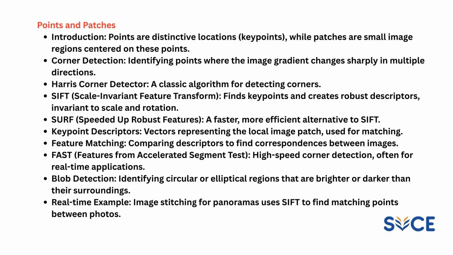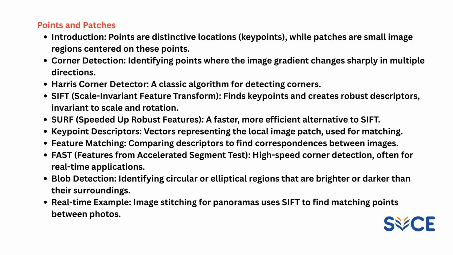The goal is to find points that are stable, meaning they look the same even if the image is rotated, scaled, or under different lighting. A classic way to find these points is by looking for corners. Why corners? Because they are stable landmarks.